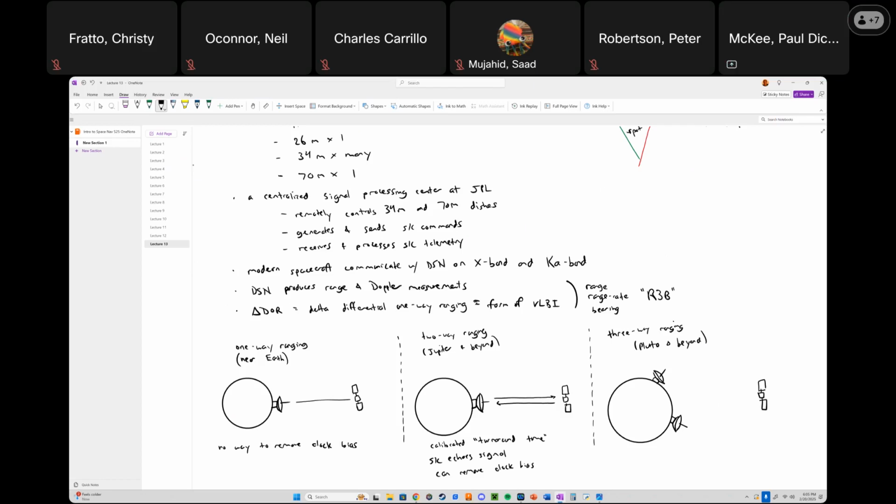Rather than sending out the signal once and then waiting for it to come back, we have this once out, once back, and once over technique. We simply do this because the signal takes hours or days. So we tend to prefer three-way ranging out beyond Pluto.